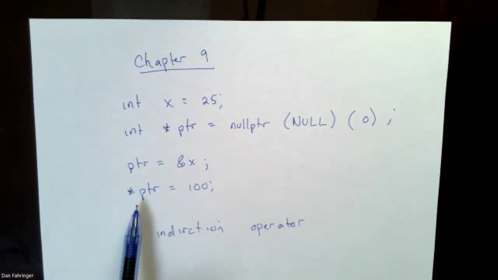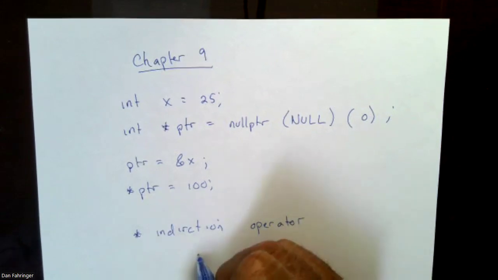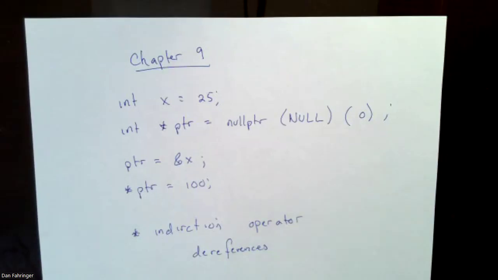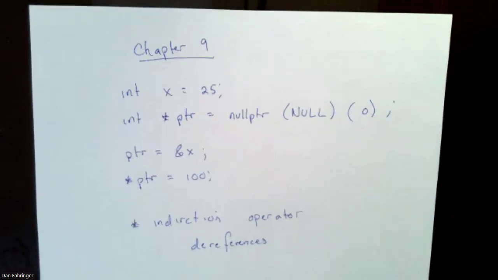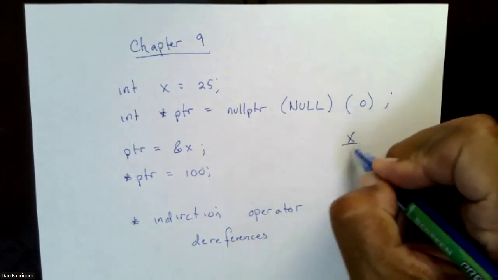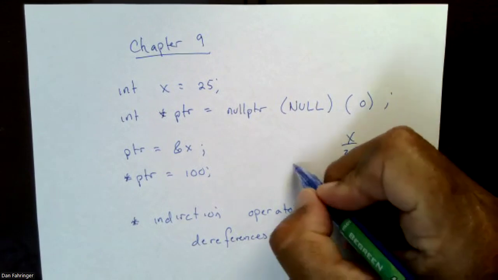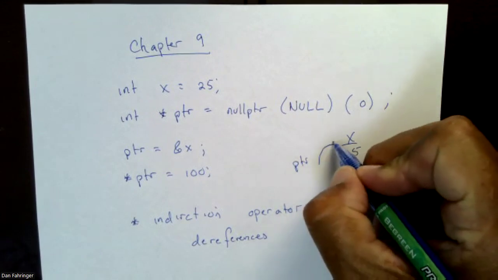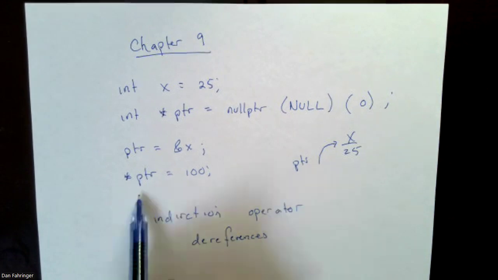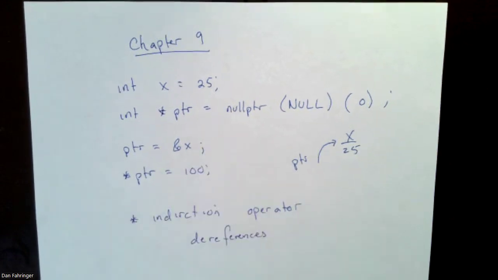Here it dereferences the value. This will go and change what is at X. So for example, X might be 25. Pointer gets the address of where this is, putting the indirection operator first.